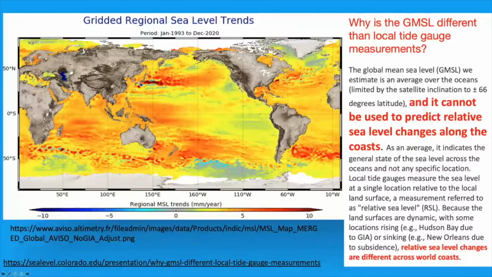And so the sea level is rising here, not continuously, but sometimes in some places rising, sometimes falling. But in the coastline, you see at first not very much of a rising sea level, and they specifically say that this satellite imagery cannot be used to predict relative sea level changes along the coast.